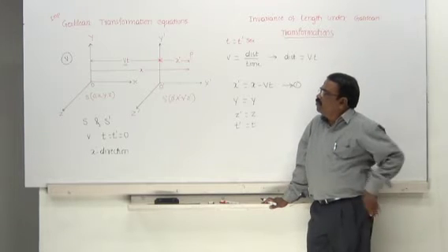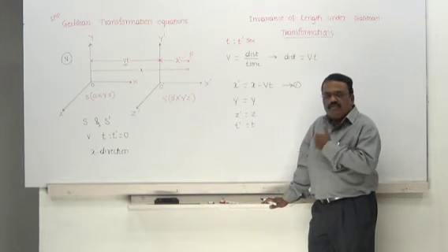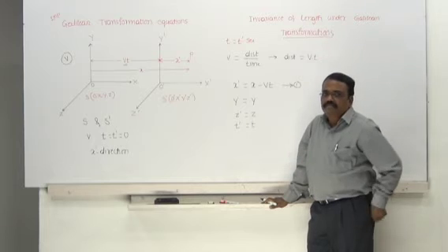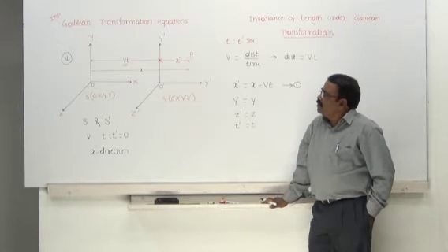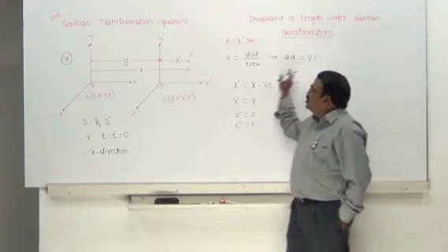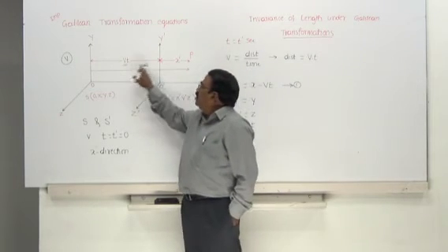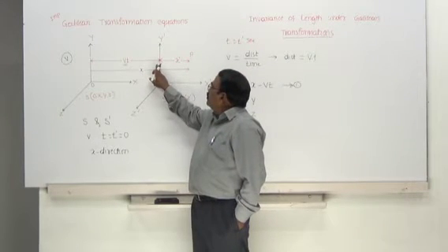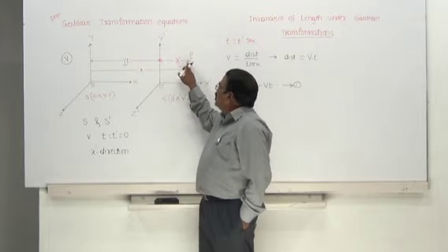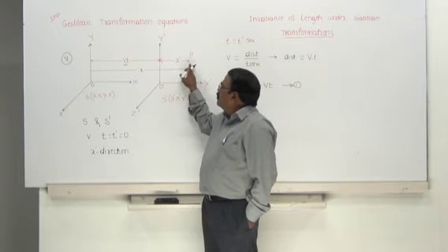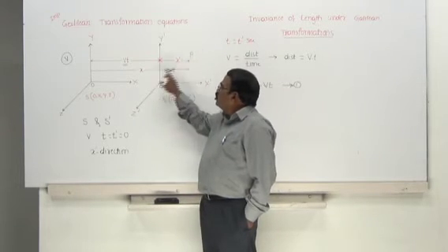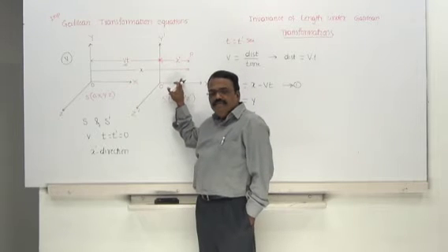There is no movement along Y axis or Z axis, in other words they are parallel. So therefore this distance is V into t. So P is an event. It is in two frames of reference.